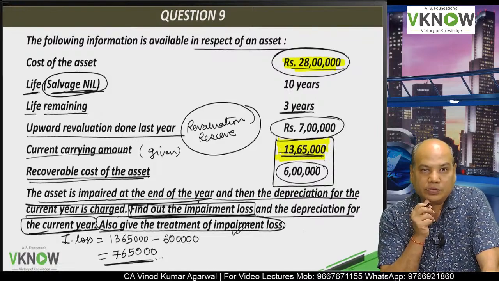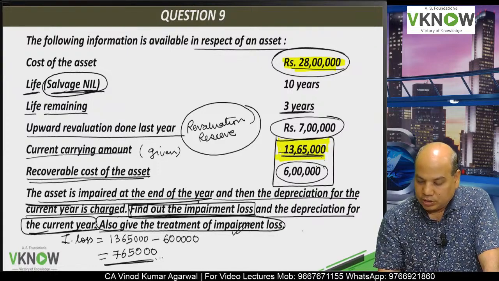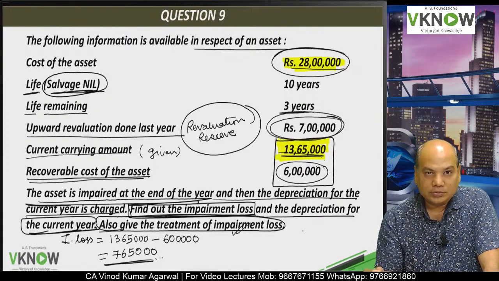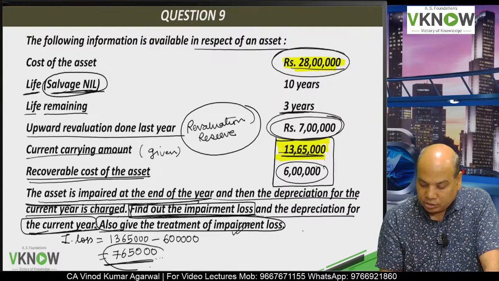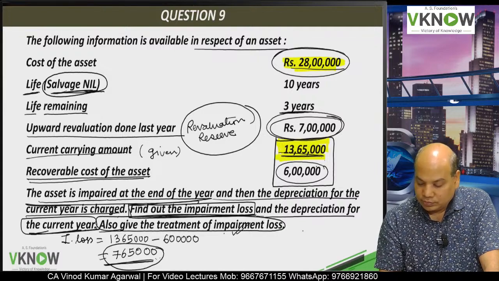Treatment of impairment loss. You have a revaluation reserve of 7 lakh and your impairment loss is 7,65,000.